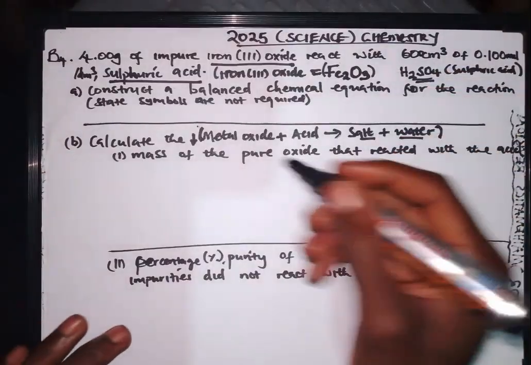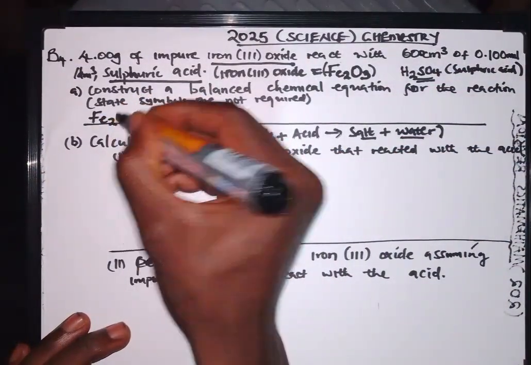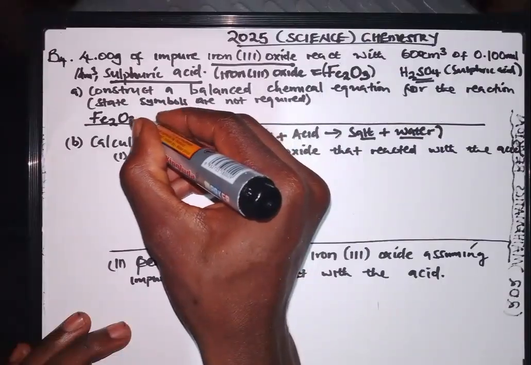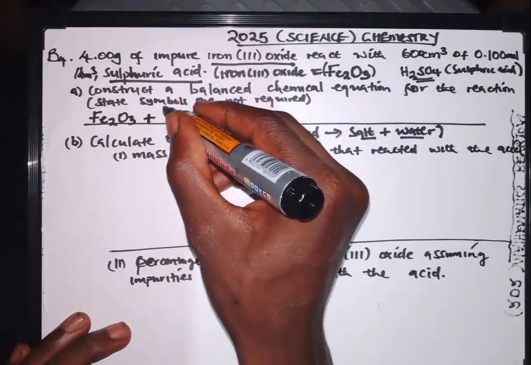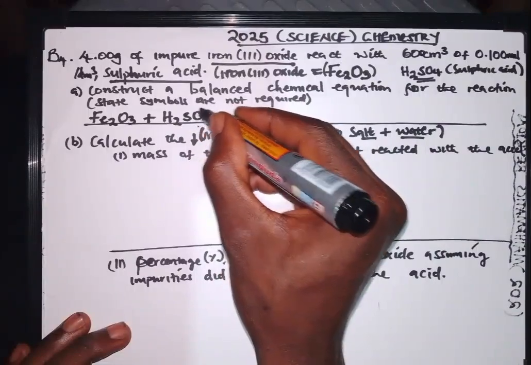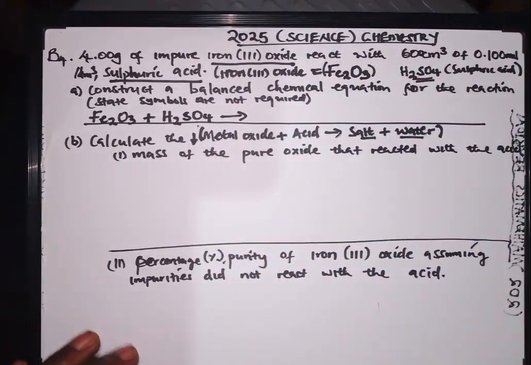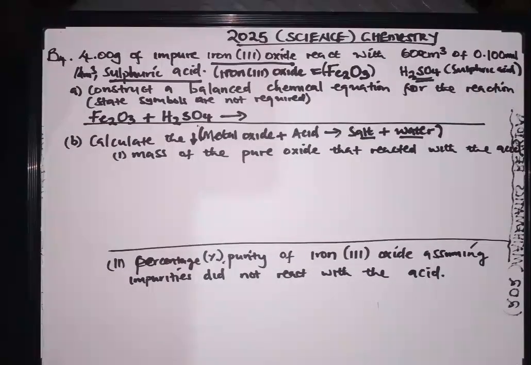So we say that iron 3 oxide reacts with sulfuric acid to form a salt and water.